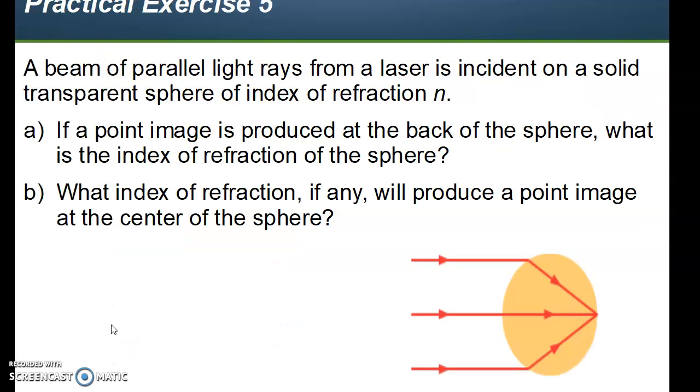Okay, practical exercise number 5. Here we're talking about problem 34, and you've got beams of parallel light rays from a laser incident on a solid, transparent sphere, and the index of refraction of this sphere is n. If an image is produced at the back of the sphere, what is the index of refraction of the sphere? What index of refraction, if any, will produce a point image at the center of the sphere?